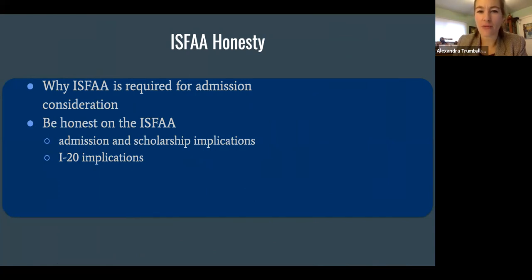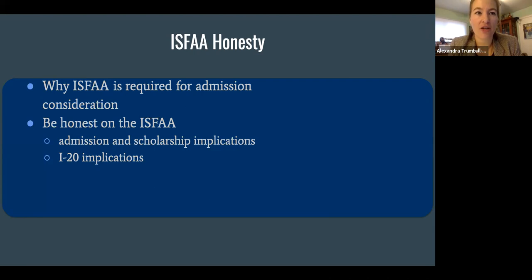But then it turns out through the financial support documentation that that's just not an accurate picture. That's putting a lot of undue burden on you and your family. On the other end, sometimes it's understandable that college is a major investment in the US. A lot of families just aren't used to or aren't prepared for the idea that they would have to contribute so much toward the cost of education.